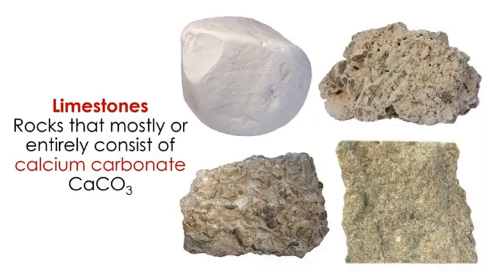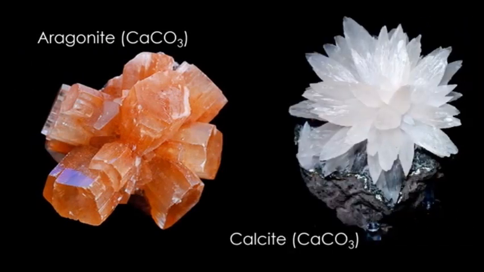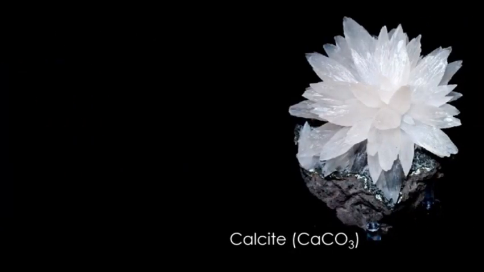By definition, a limestone is a sedimentary rock that consists mostly or entirely of calcium carbonate. This calcium carbonate may be present in one of two mineral forms: aragonite or calcite. Generally speaking, calcite is usually more common, particularly for limestones that are ancient.